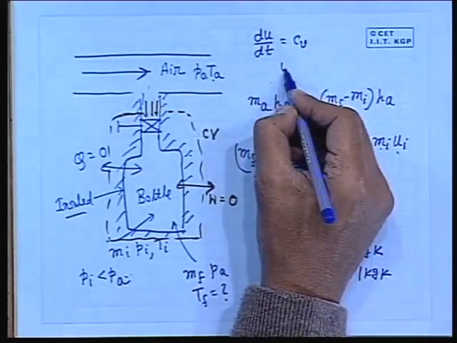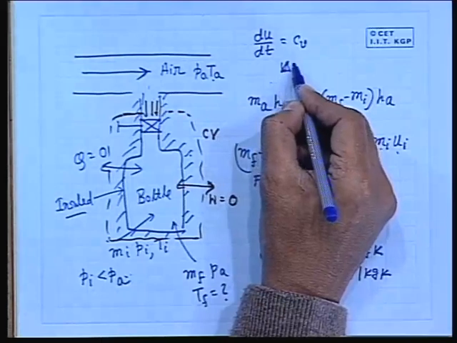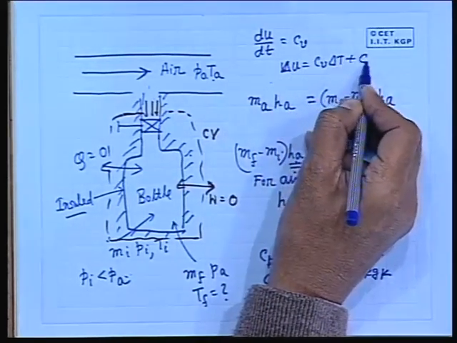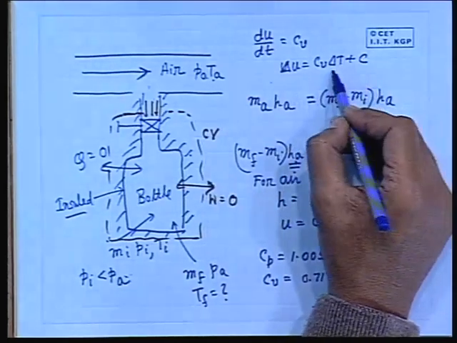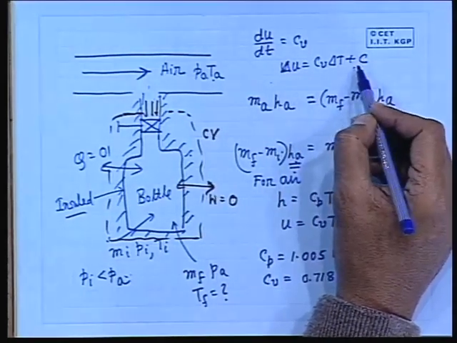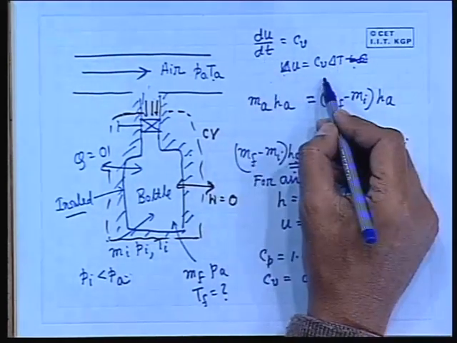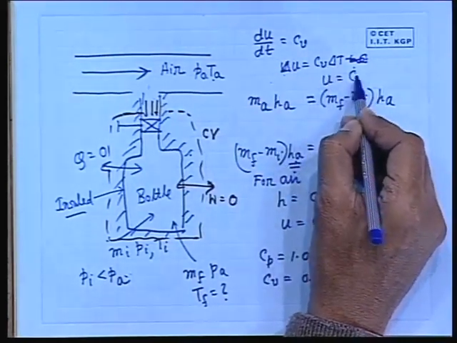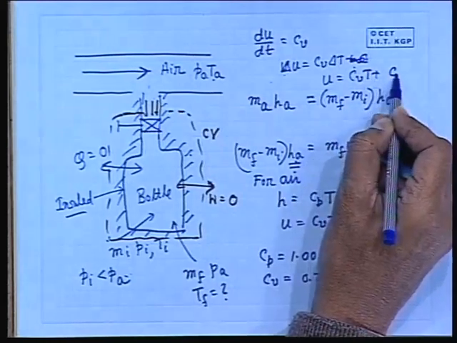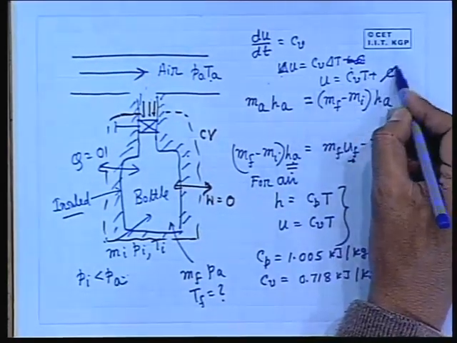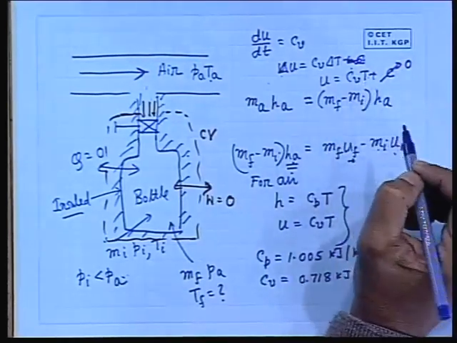If you integrate it, you get u is Cv T plus a constant. If you make the assumption that at T equal to 0 internal energy is 0, then the constant is 0, and u is Cv into T.